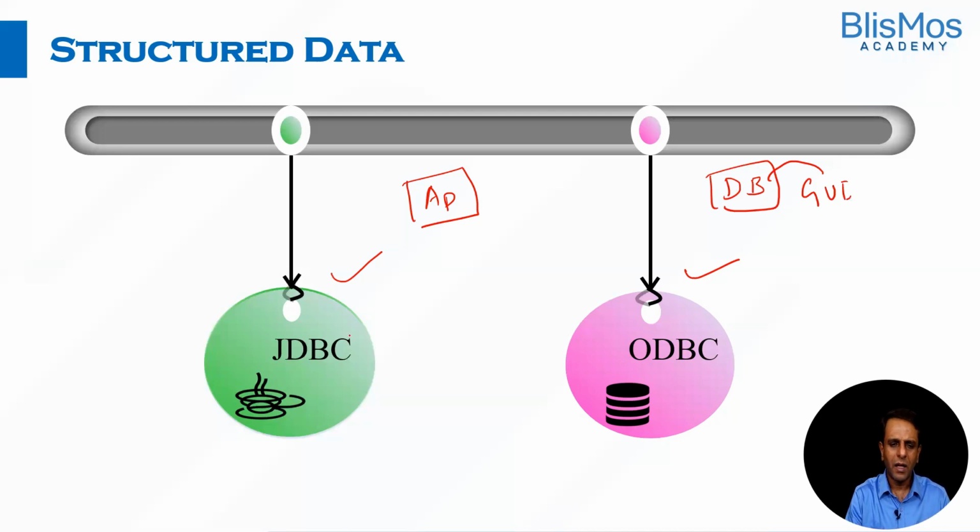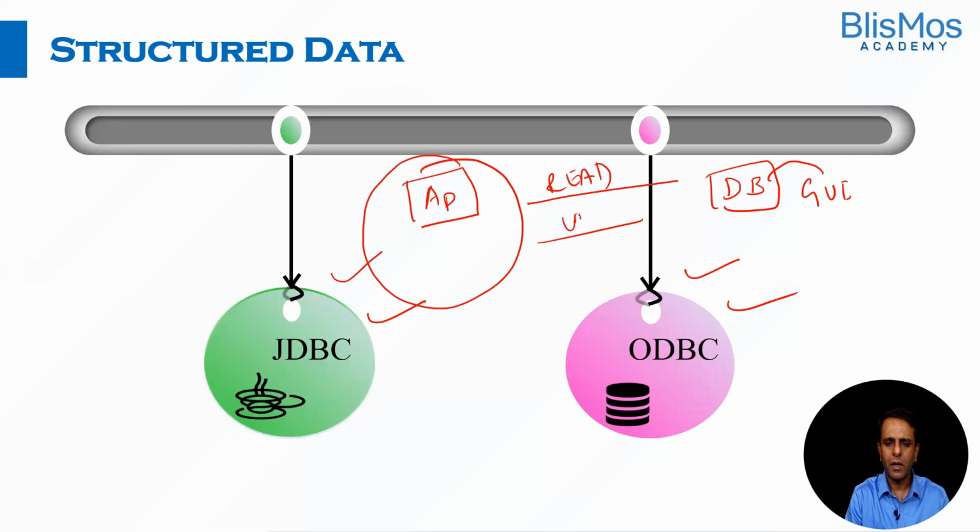That is where JDBC and ODBC connectors or drivers come into the picture. Whenever we have an application which needs to read and write from databases, that is when we'll have JDBC and ODBC connectors.